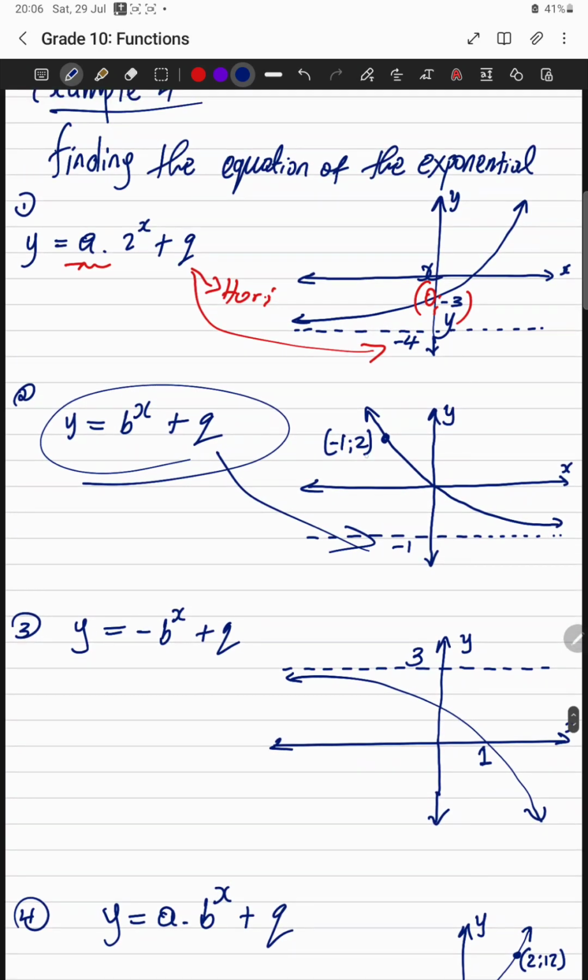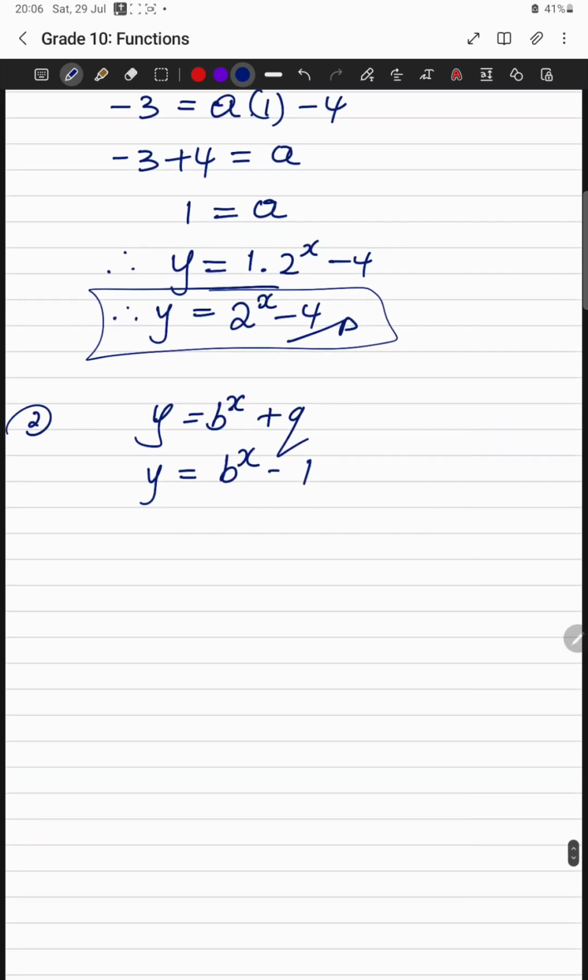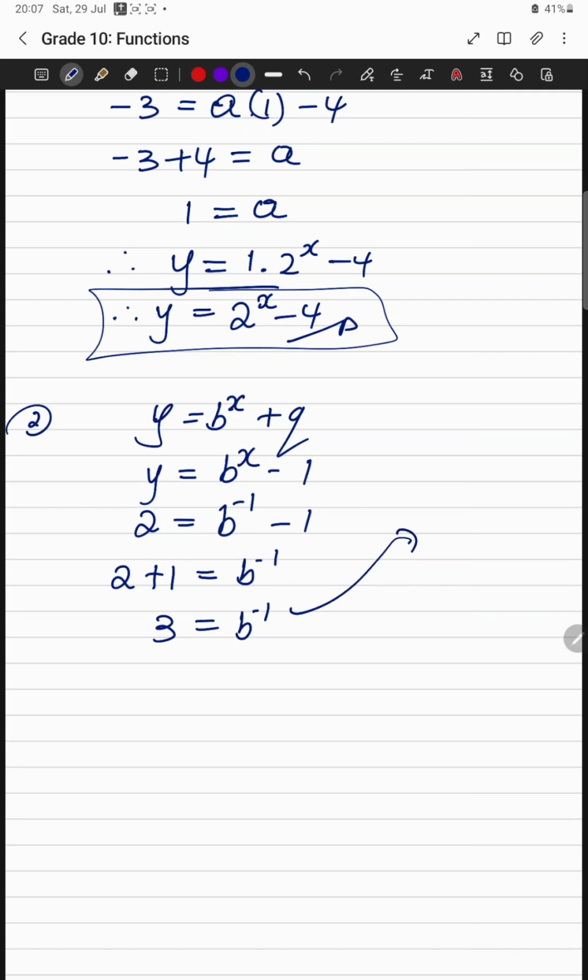And the second step is to use that point. So in the place of x, I'm going to put -1, and I'm going to put 2 in the place of y. So y is 2 and x is -1, -1, and then we just work it out. So we just transpose this one, so 2 plus 1, b to the power -1, and then it's going to be 3, and then b to the power -1. I want you guys to remember this.